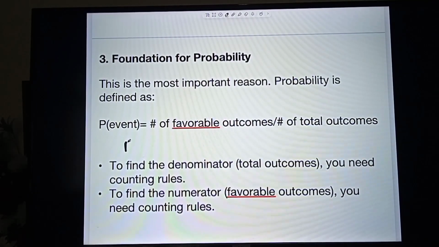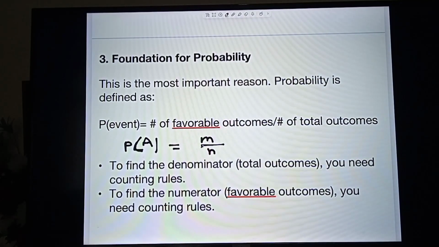That is, probability of any event A is equal to favorable, suppose favorable is M, divided by N.